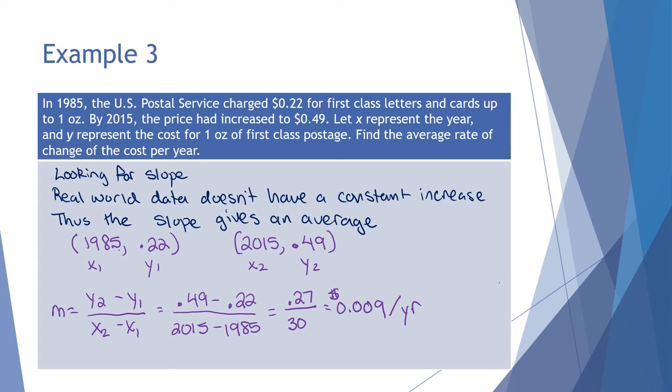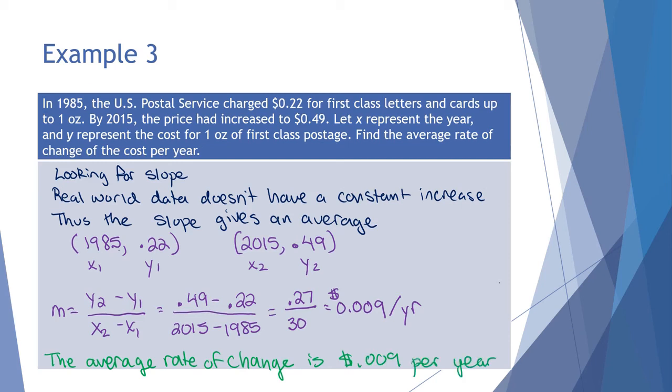That's really, really cheap. Whenever we have word problems, we always want to write our answer in a final sentence because you want to put it in context. Any word problems have to be answered in context, not just a number. So we would say the average rate of change is $0.009 per year.